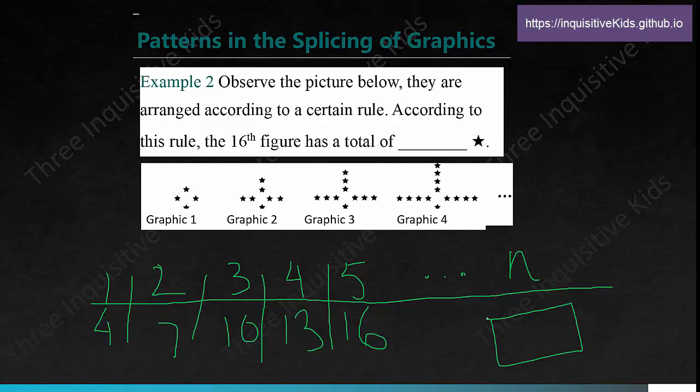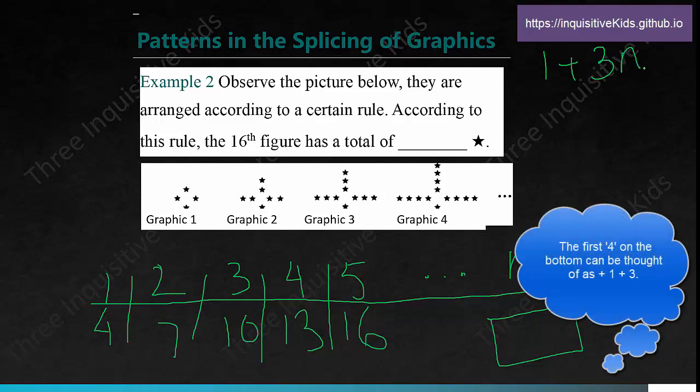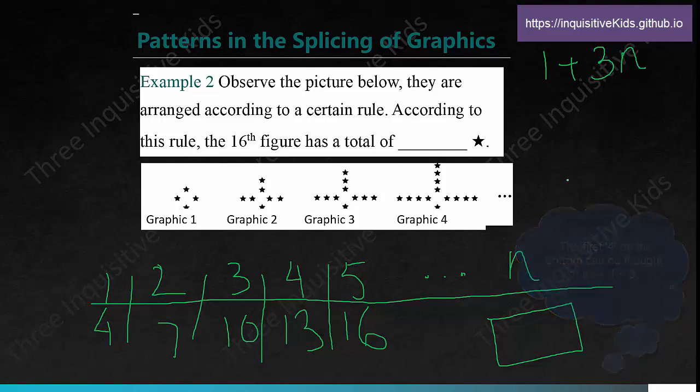To do that, the pattern will be, we start with 1, plus, and since it keeps adding 3, 1 plus 3n. It's 1 plus 3n because the 3n is all of these.